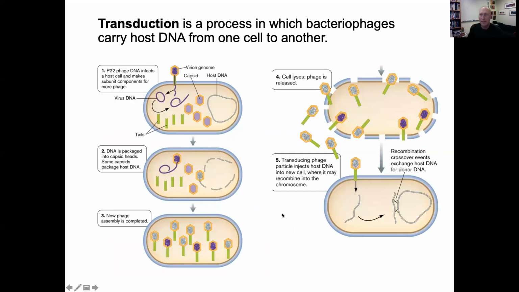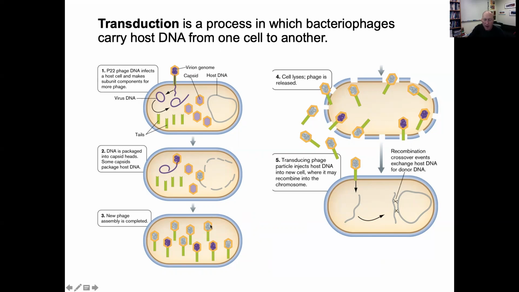The third mechanism of mobility of horizontal gene transfer is transduction. In transduction, we have a bacteriophage that, when it infects a cell, is really sloppy in picking up the DNA for its new capsids. So sometimes it accidentally packages the host DNA into it instead of viral DNA.